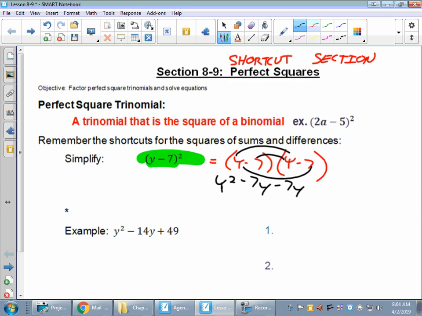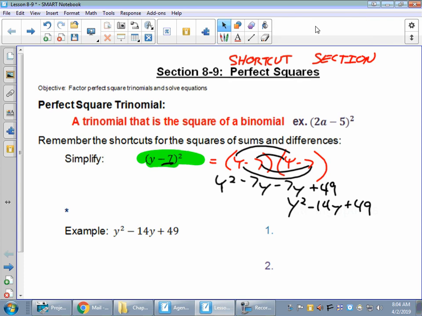And then negative 7 times negative 7 was a positive 49. We could combine these middle terms and get y squared minus 14y plus 49 as our trinomial. Now remember, there was a shortcut method you could use there because it was a perfect square, and you could just double this value and put it in as the middle b term.